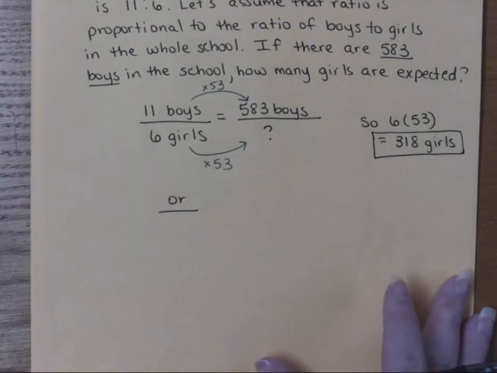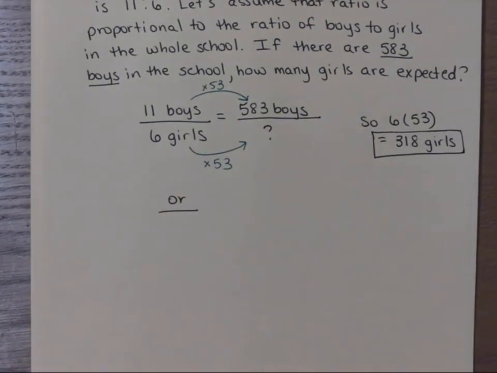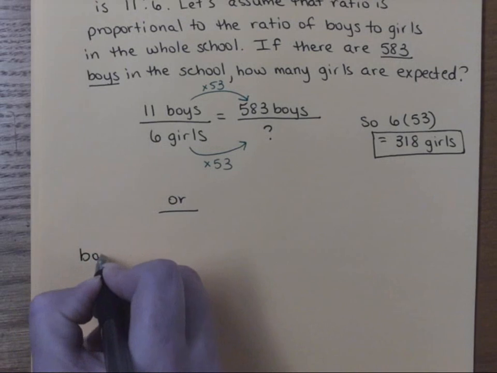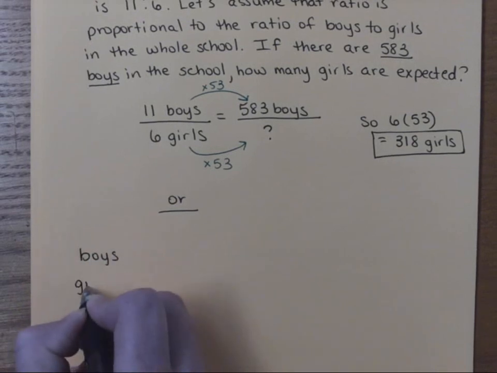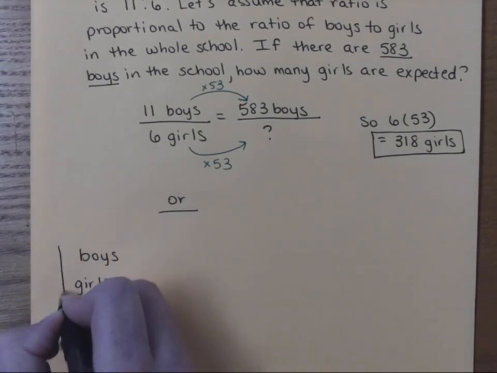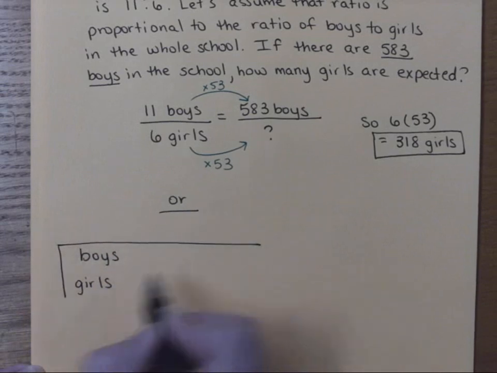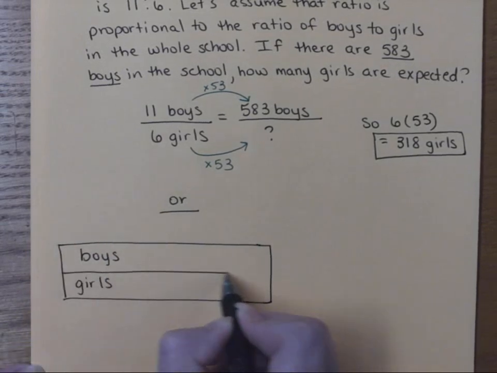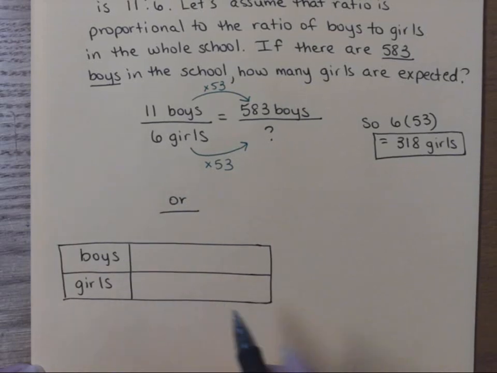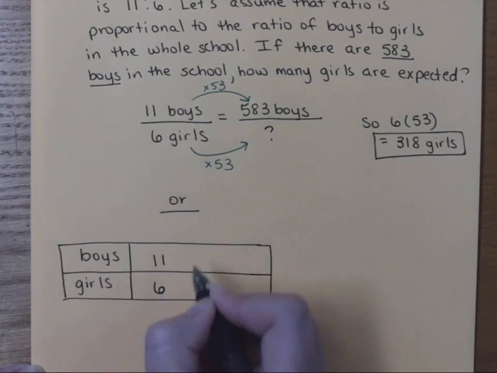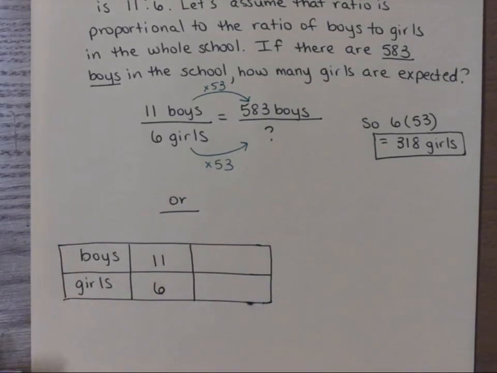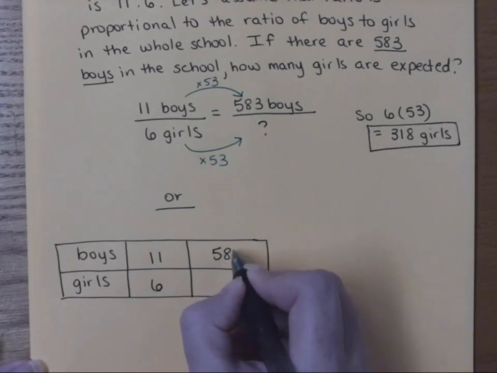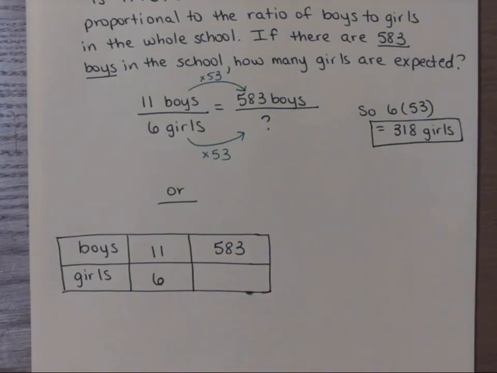Another way, though, is just a table, and honestly, it's no different from what we just did. It's just that the table is kind of visual and organizational. So you could come up with a table comparing boys to girls. And we know there are 11 boys for every 6 girls. And then we know that there are 583 boys in the whole school.